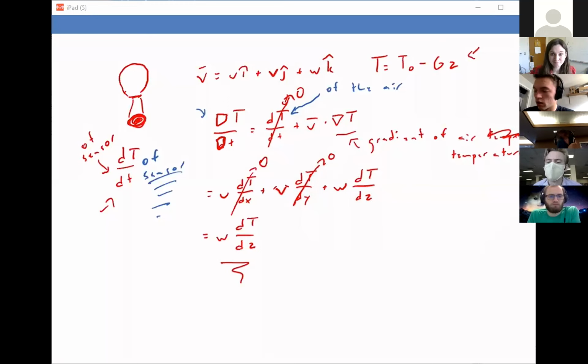And so big D always represents the property of the particle, while small d represents the property of the entire field. That is the notation we use, and that is the reason why we use that big D, to keep those straight. Little d, property of the entire field; big D, material derivative, property of the particle.